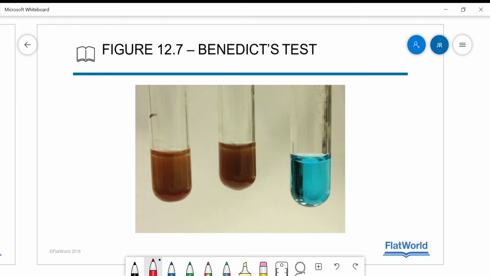Okay, so Benedict's reaction is a redox reaction, and this picture here is probably what you would see in the lab, where the blue would be a negative result, and these would be positive results.